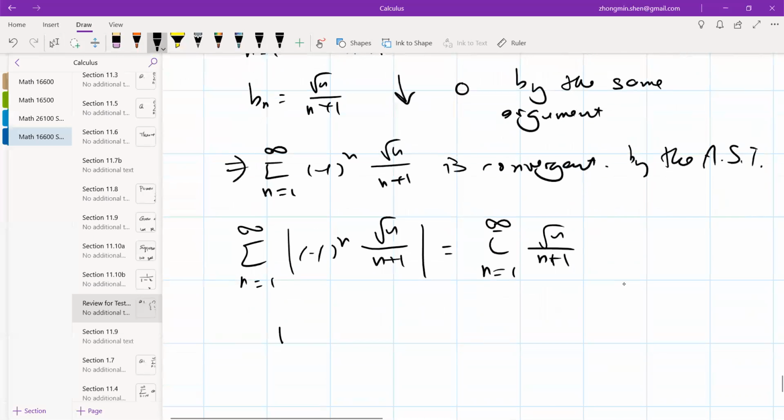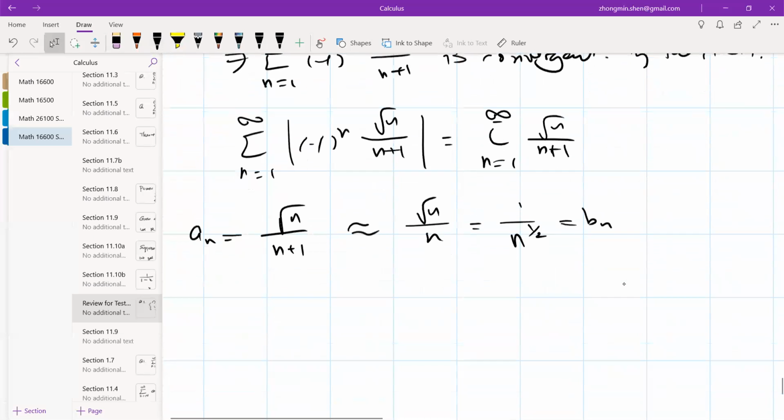The reason is I cannot use a comparison test directly, but this is almost equal to n, that's going to be n to the 1/2. This is my n.